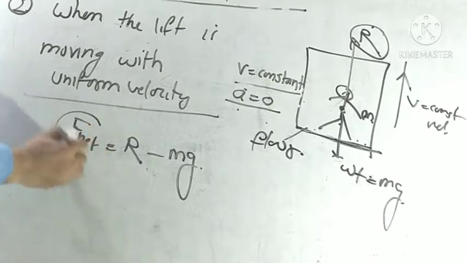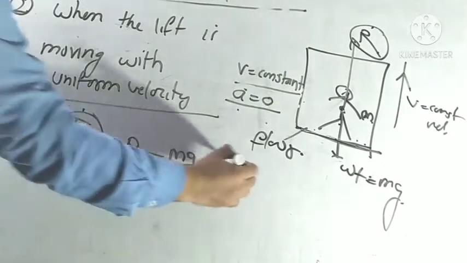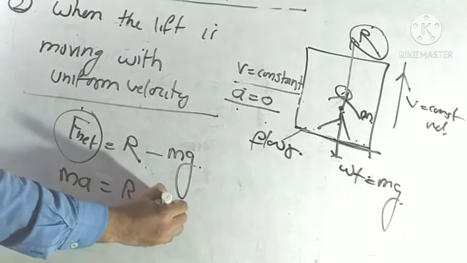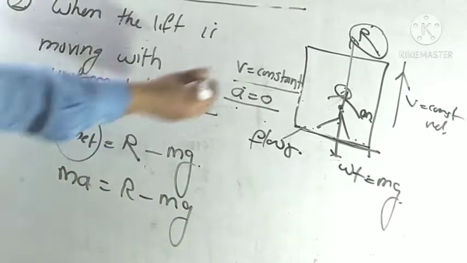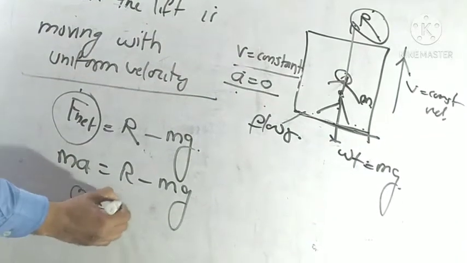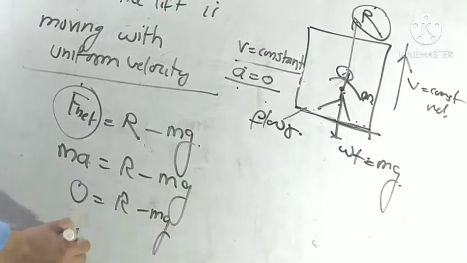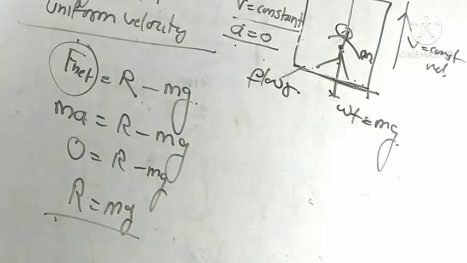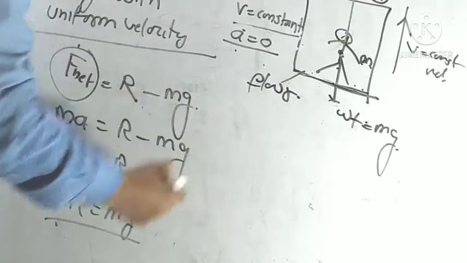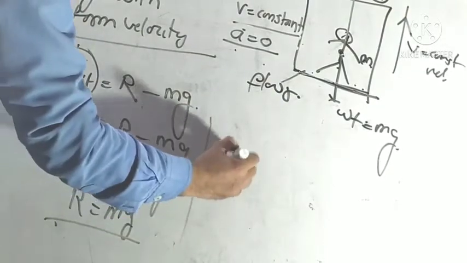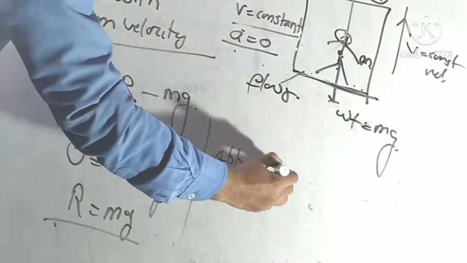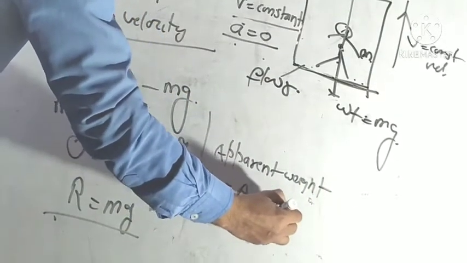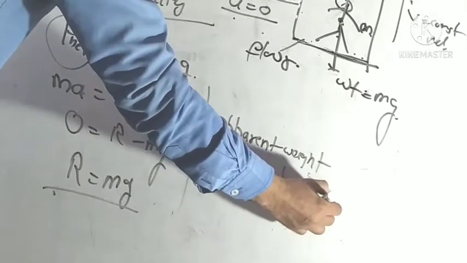But here acceleration is 0, and force is equal to ma, so R minus mg equals ma. Putting acceleration 0, it finally becomes 0. In this case R is equal to mg. Apparent weight is equal to actual weight.